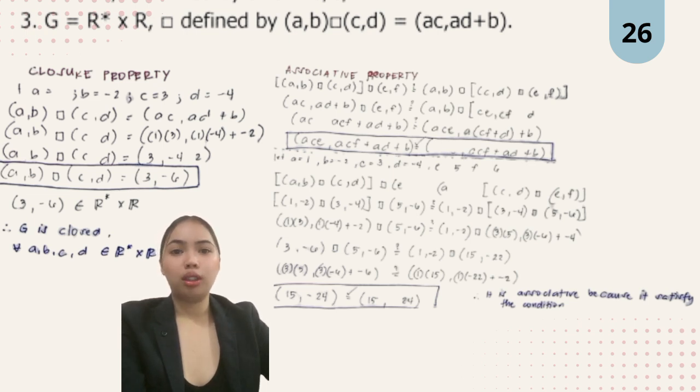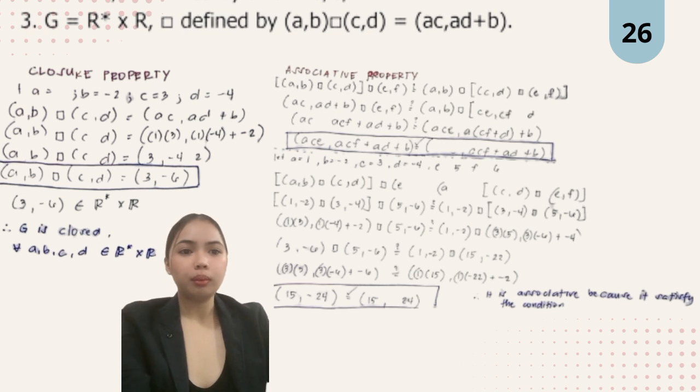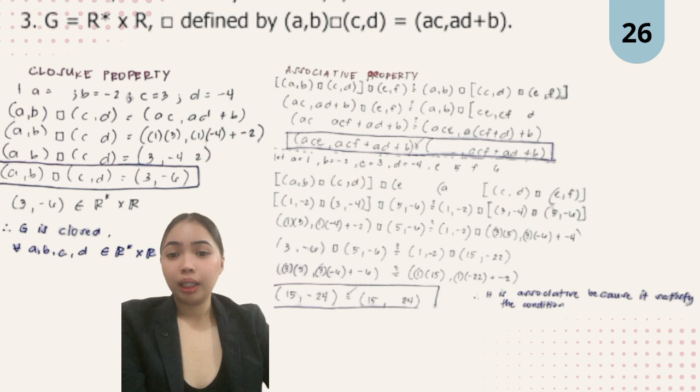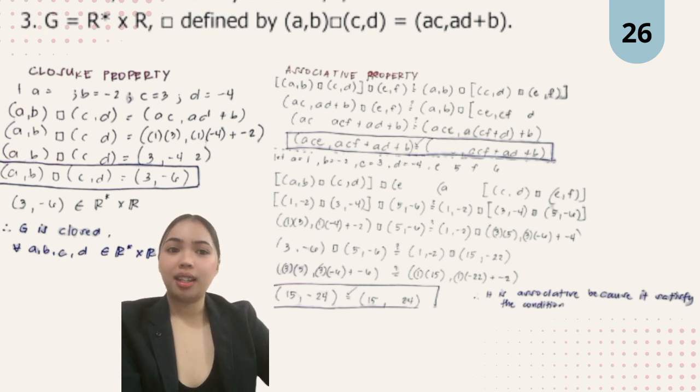We substitute the values of A, B, C, and D. So it is equal to (3, negative 4 minus 2), which is (3, negative 6). So it is closure property because it is a real number.